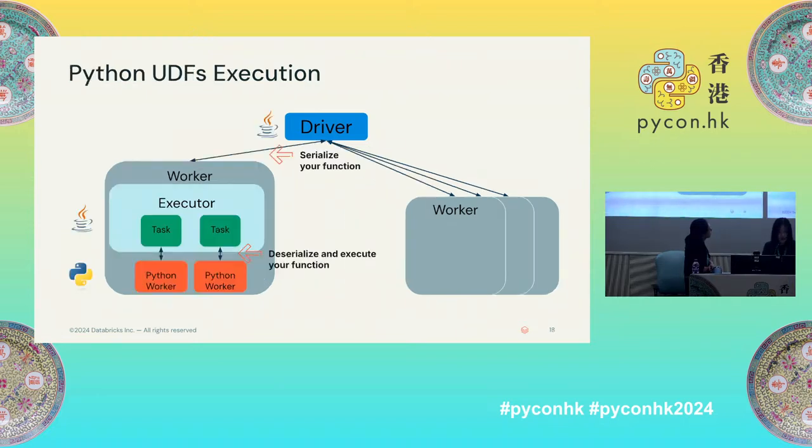And when you use Python UDFs, there are actually several additional steps involved. First, the driver needs to serialize this Python function so it can be sent over the network to the executors. And since the executors are running in JVMs, they must first create separate Python processes to execute these Python UDFs.